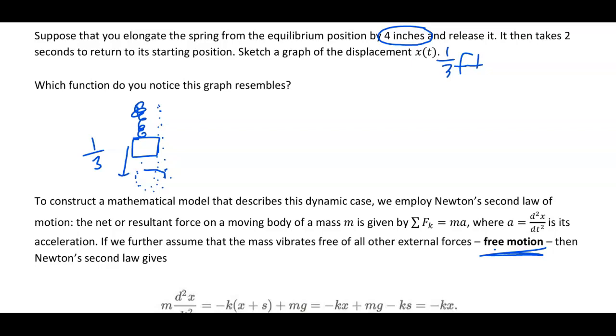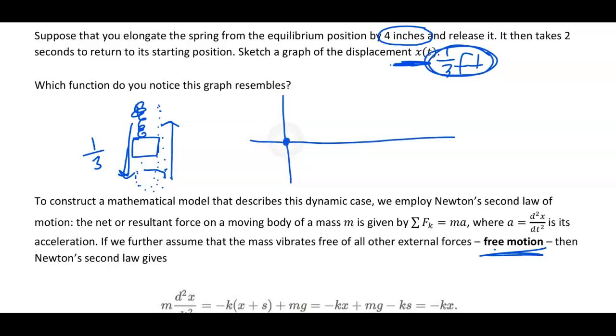That weight times gravity is always going to pull it down, and then we're going to have that restorative force that pulls it back up. So if you think about what the graph of the displacement would be, the displacement X starts at positive 1/3.